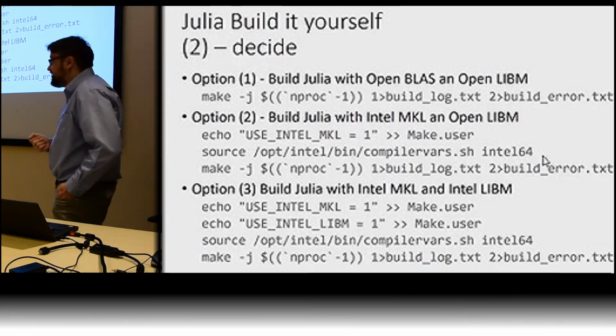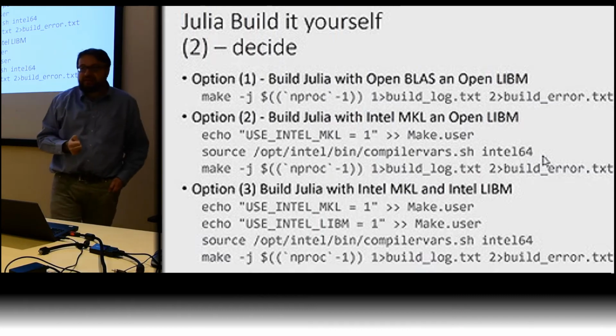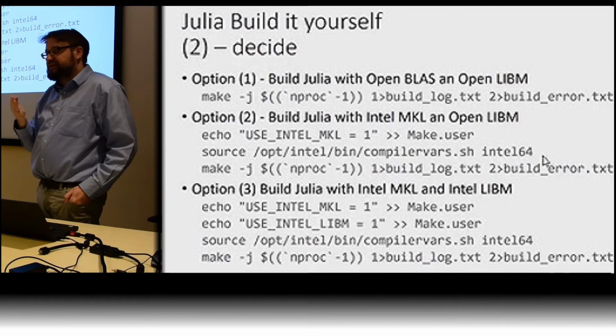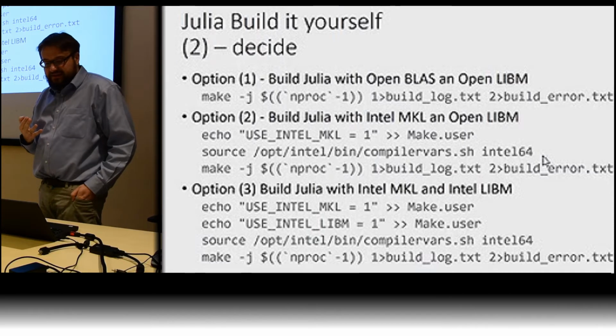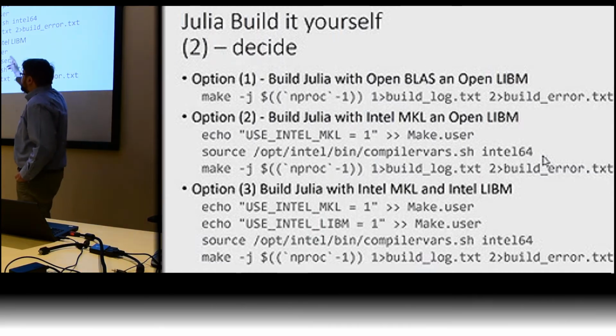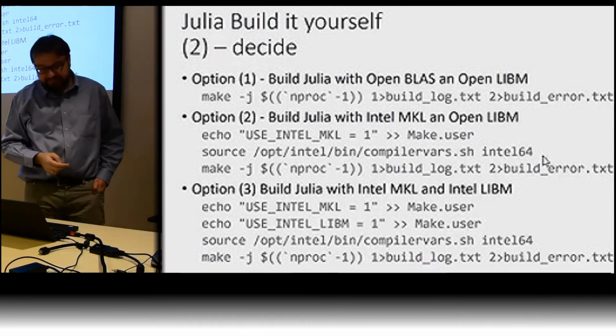The second option is to include the Intel Math Kernel Library, and basically after I fill in some forms at the Intel website, Intel Math Kernel Libraries are available for me for free, so I can install them, and once I install them, I create a make.user file that is configured to use those libraries.